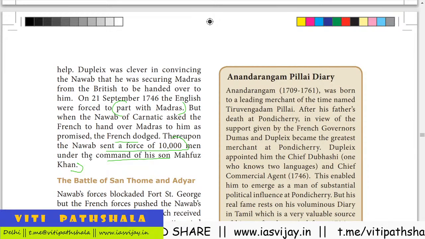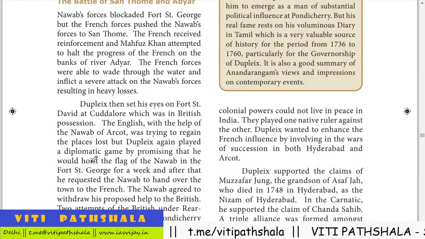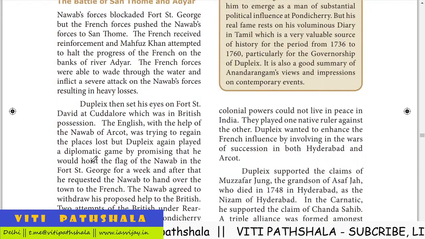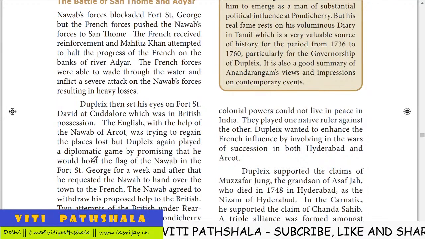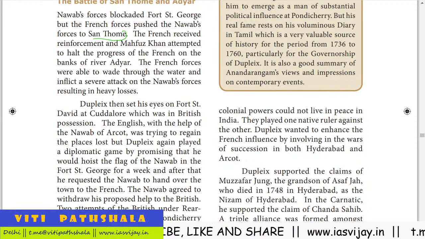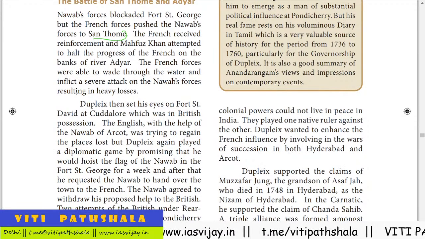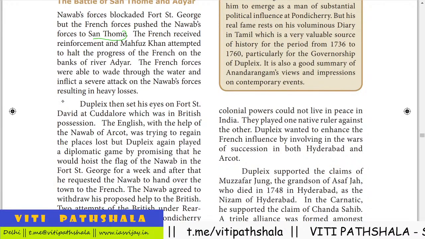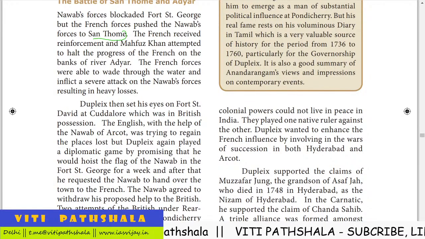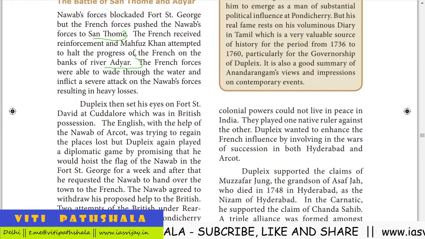Next is the Battle of Saint-Thome and the Adyar. The Nawab's forces blockaded Fort St. George, but the French forces pushed the Nawab's forces to Saint-Thome. The French received reinforcement, and Mahfuz Khan attempted to halt the progress of the French on the banks of the river Adyar.